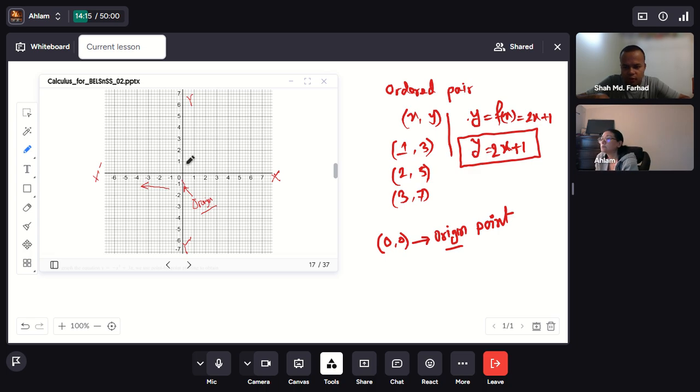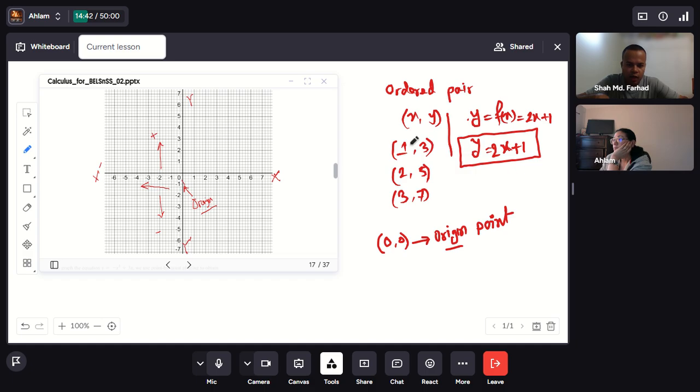And if we move along the y-axis, that is vertically upward, that is called the positive direction, and the values of y are positive. If we move downwards along the y-axis, then the values of y are negative.